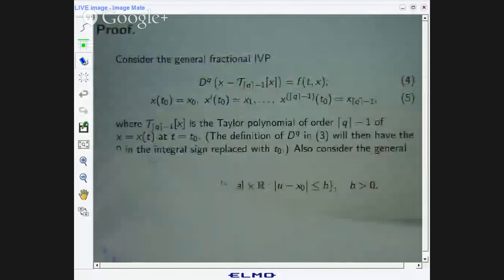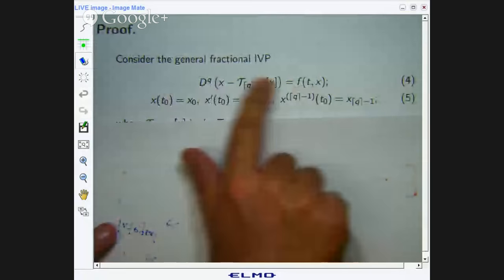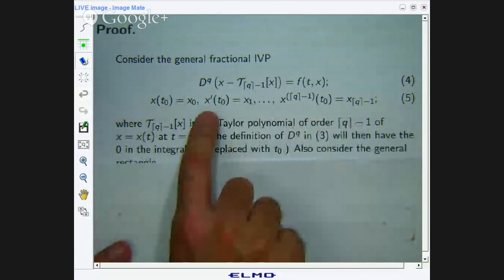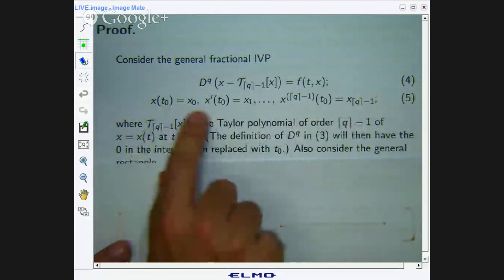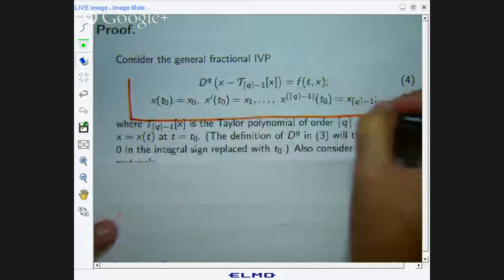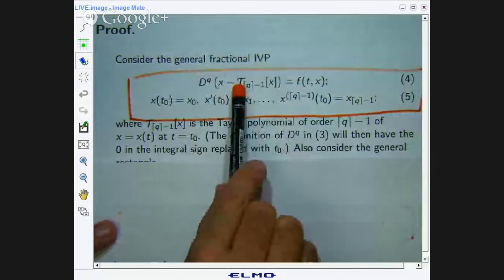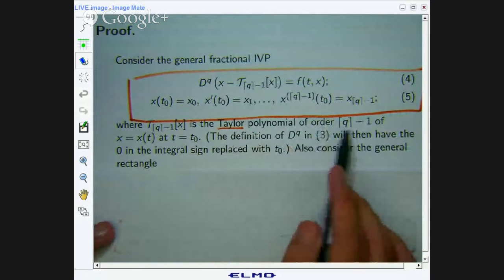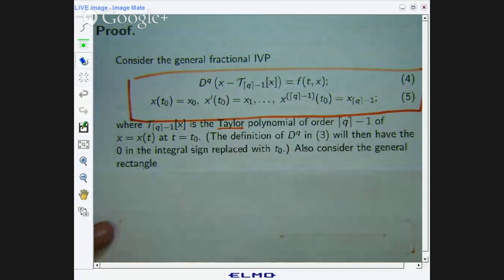All right, so consider this general fractional initial value problem. Here, we are not looking at 0 in this particular problem. We've just got an arbitrary T0 here. And this capital T is the Taylor polynomial of this order of x at t equals T0.